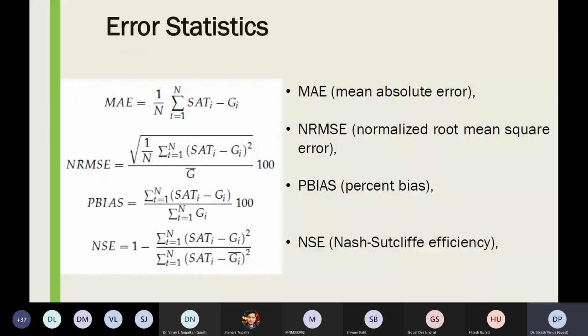Many parameters are available, but we only use four: mean absolute error, root mean square error, bias, that is how much the bias is, and NSE, the Nash-Sutcliffe efficiency. If the NSE value is close to 1, the satellite or simulated data is very close to the observations.